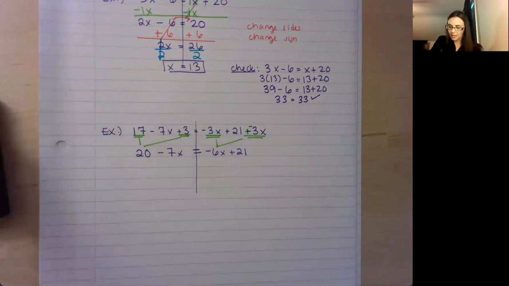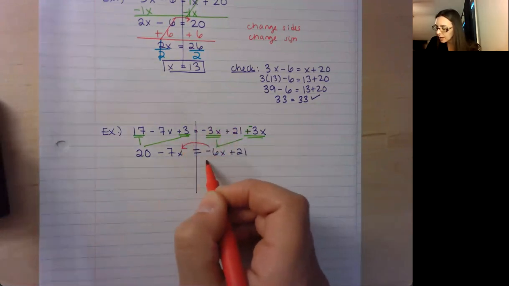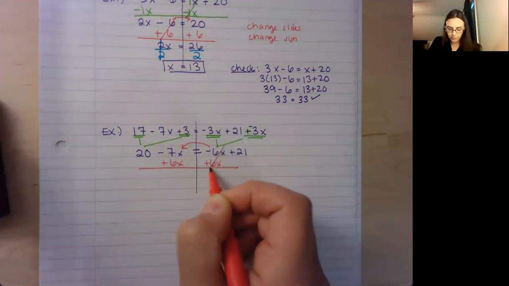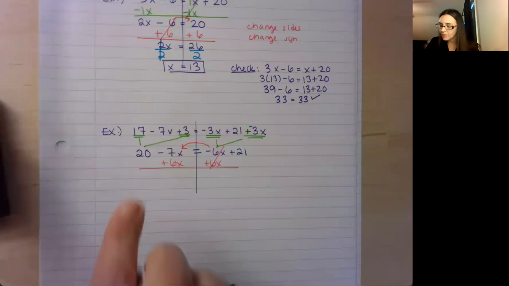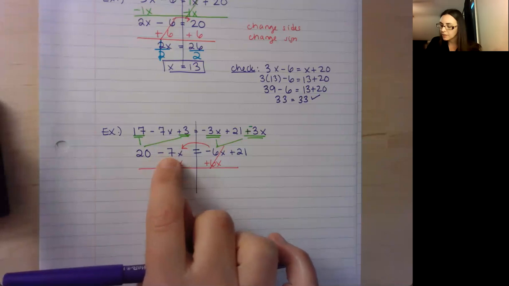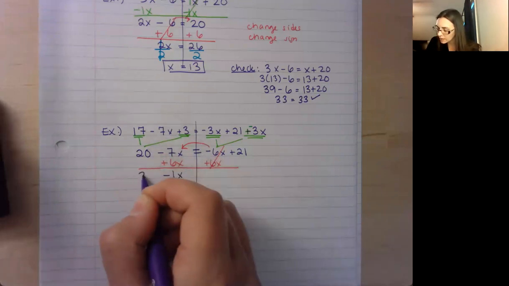So what I'm going to do is bring my variables on the left here. So if it's a negative 6x, it's going to become a positive 6x. Now notice here I have a negative 7 plus a positive 6. Minus signs and negatives are the same thing. So negative 7 plus positive 6 is negative 1x. And then I have a 20.